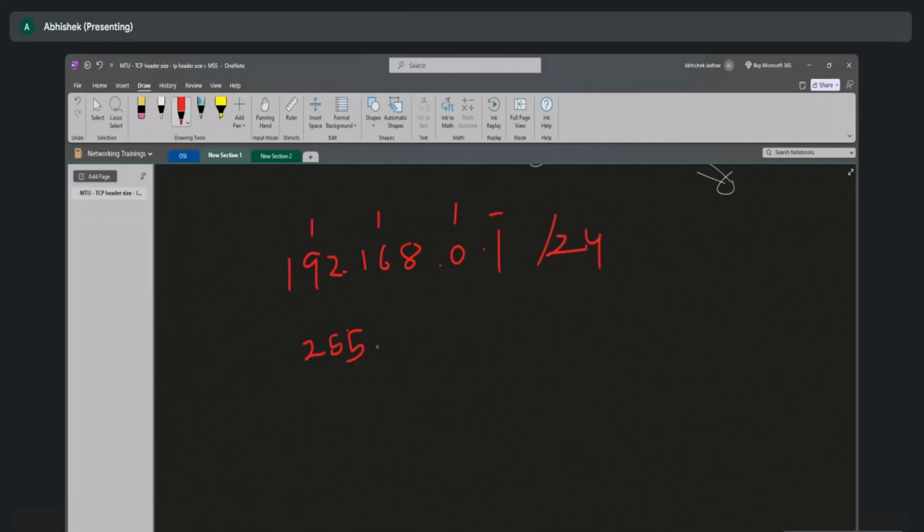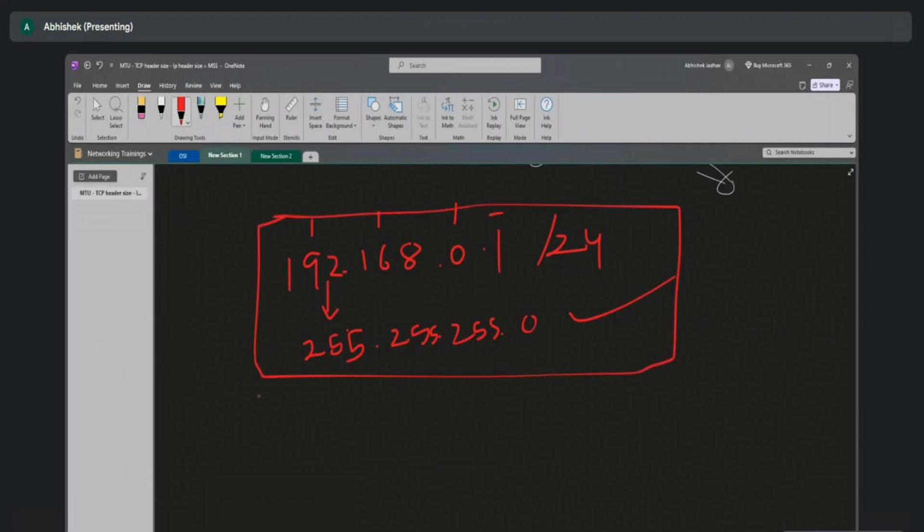So according to that, the network bits are annotated as 255.255.255.0. This is the subnet mask for this particular IP. This is how your computer also will understand. It will not check the slash, because that is not what it is capable of.